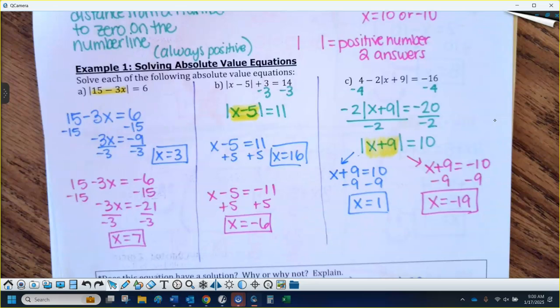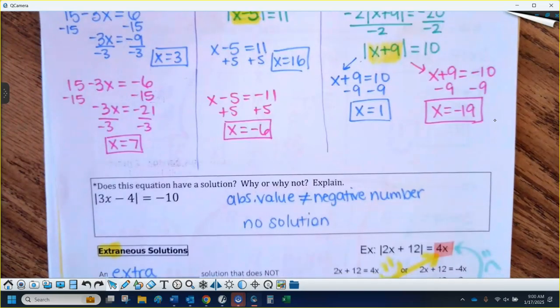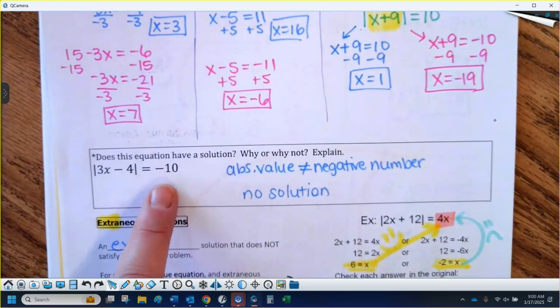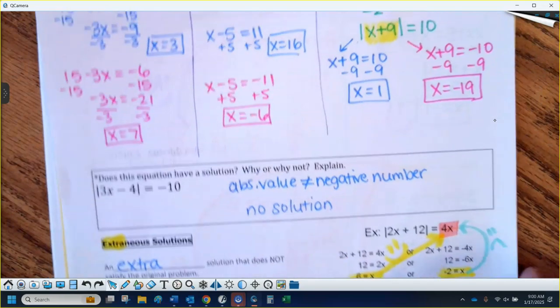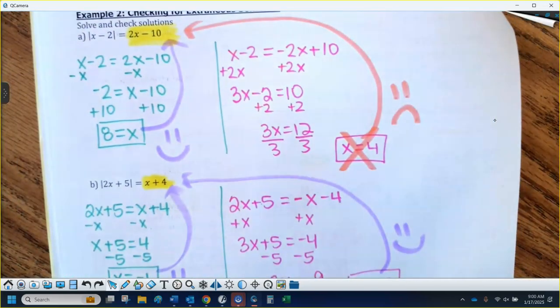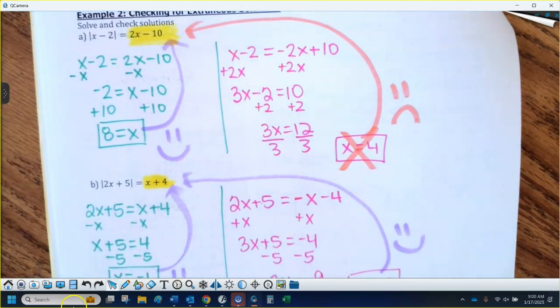So those all just have two solutions. If you get an absolute value equal to just a plain negative number, you can stop the problem right there. That's no solution. If you have an absolute value equal to an expression, like these ones on the back where it's equal to something with an x, that's the only time you have to check. And I kind of have the homework separated that way as well. Okay.